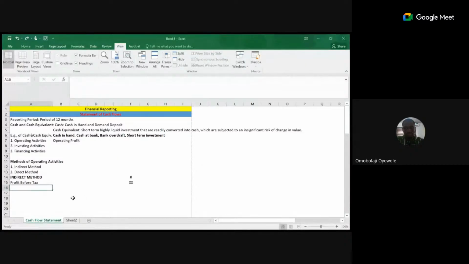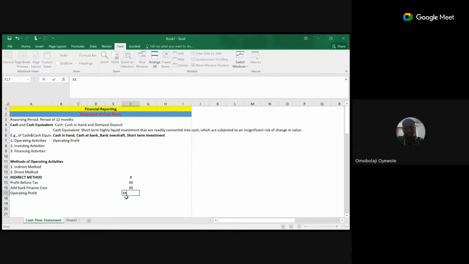So why am I adding back finance costs? I'm adding back finance costs because the finance cost has already been deducted from the profit before interest and tax to give me my profit before tax. So if I add back my finance cost, it means that I'm going to be getting my operating profits.